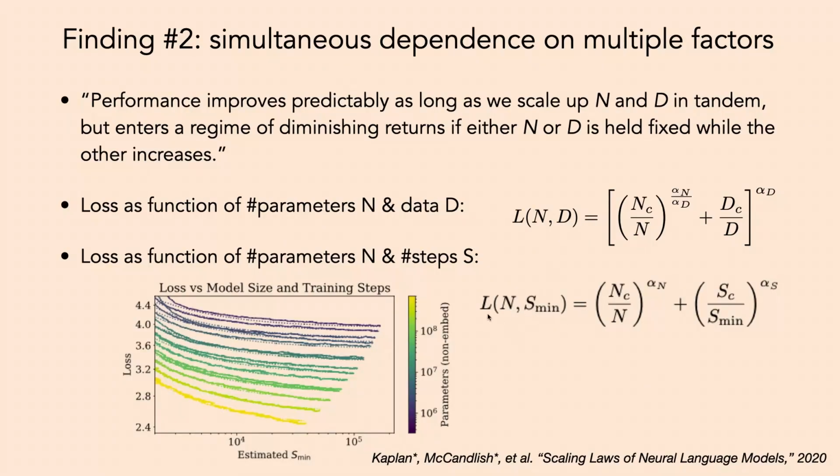So they found an even simpler functional form for explaining the relationship between the test loss and these two parameters. Now it just becomes the sum of two power laws. That's plotted on the left here, where we have the amount of compute you need versus the test loss.